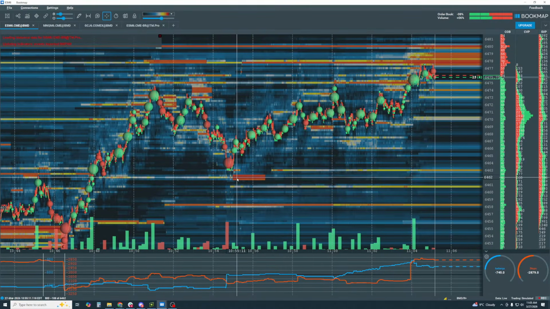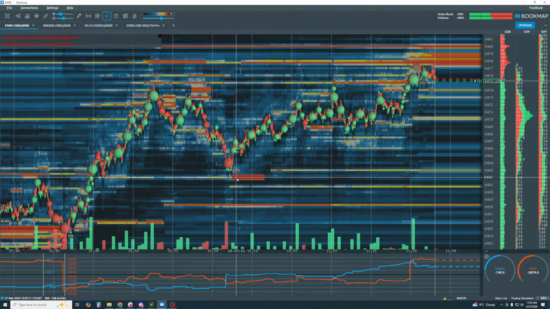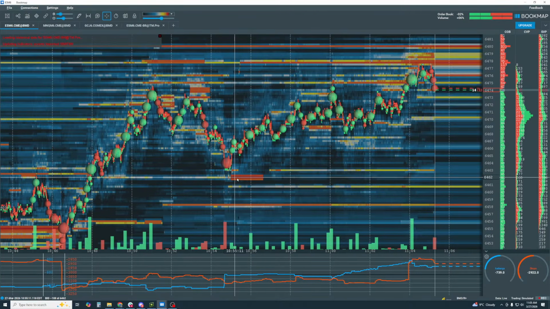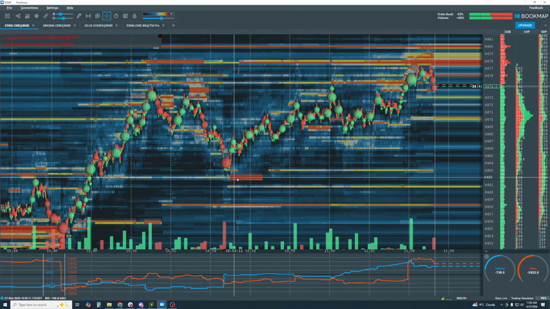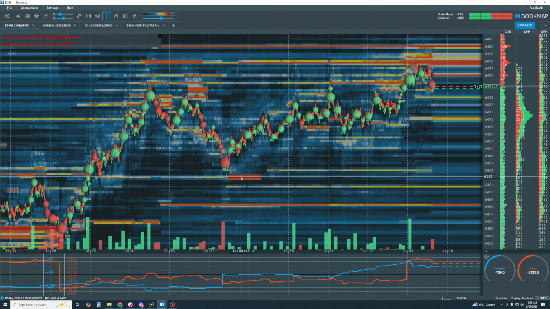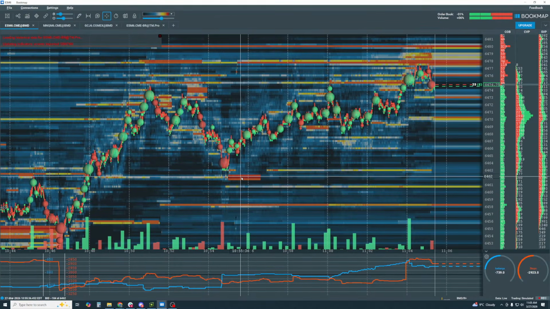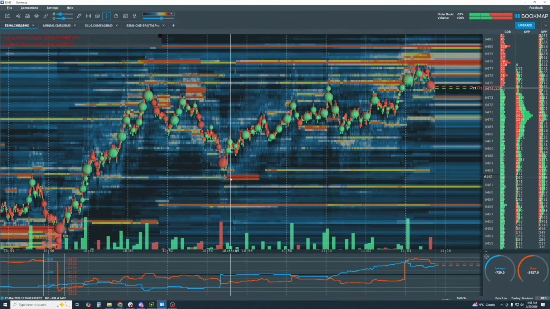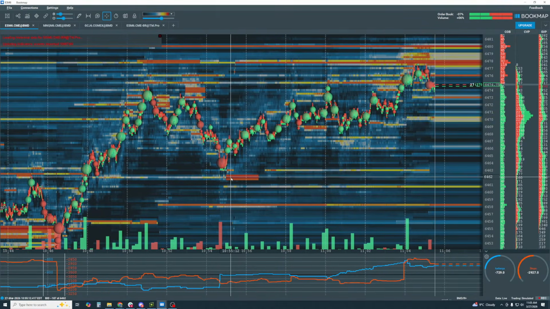A lot of times you'll hear traders say, oh, it's a magnet for price. Well, not really. It depends, right? If all of a sudden you see a lot of buyers come in here, there's a skew in the auction here. Just think of it like a farmer's market, that all of a sudden down here there's a lot of demand.